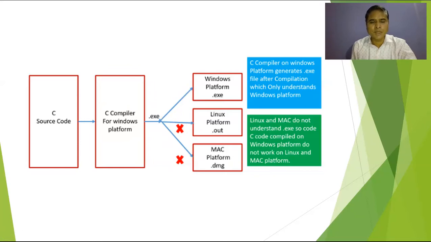So when you design your application in window platform, then if it is not able to run on another platform, then it is called platform dependent. So C and C++ language is platform dependent.